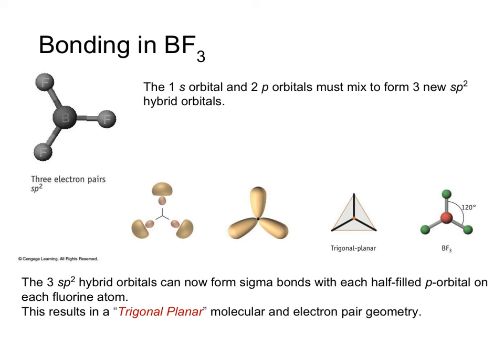And so we can see here what the trigonal planar bonding would look like in BF3. We see that we have 3 sp2 hybridized orbitals surrounding our boron atom. The fluorine atoms are then able to bond with those sp2s in what we would call a p-sp2 overlap in order to form those sigma bonds.